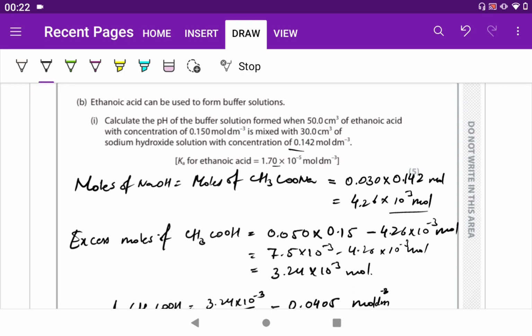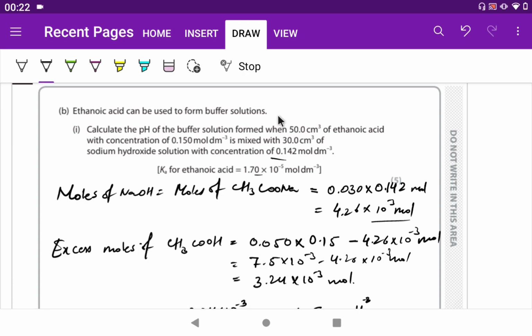So moles of NaOH must be equal to the moles of sodium acetate ion. So we need concentration. Okay, this is the concentration and this is the volume. Volume multiplied by concentration will give us the number of moles.